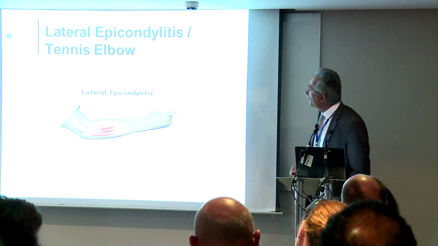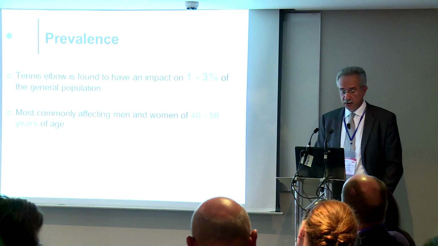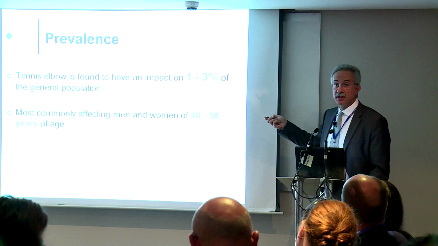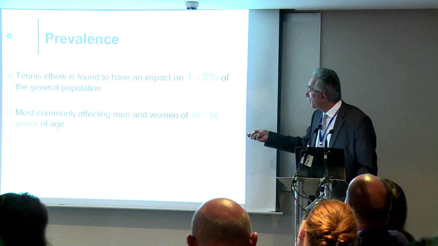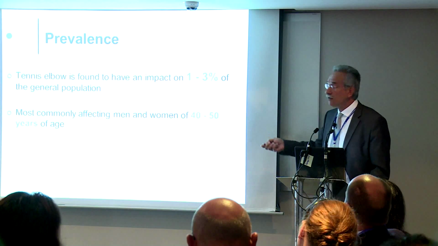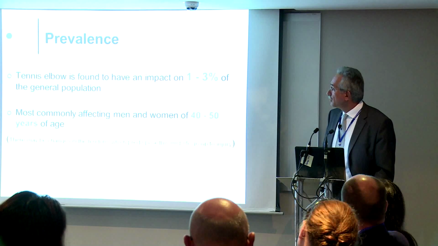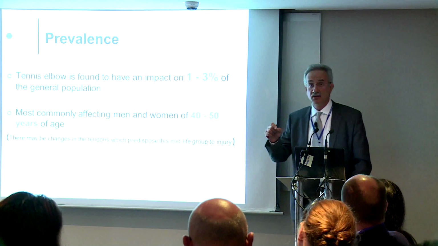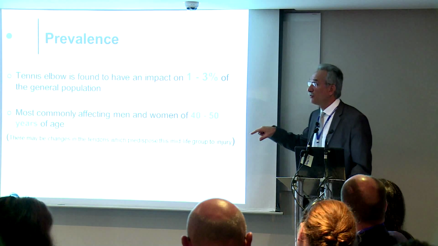Let's focus now on lateral epicondylitis, the tennis elbow. For the general population, the prevalence is 1 to 3%, and it most commonly affects men and women in their 4th and 5th decade of age. Why is that? Because there may be some degenerative changes of the tendons, and this is why this midlife group is more prone to this injury.